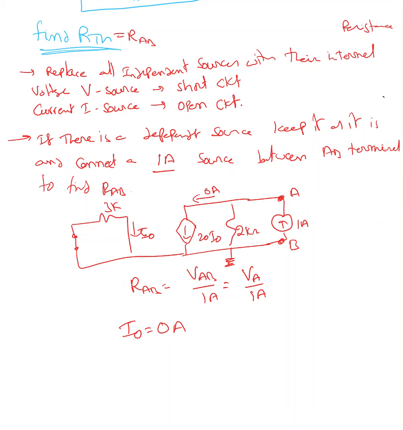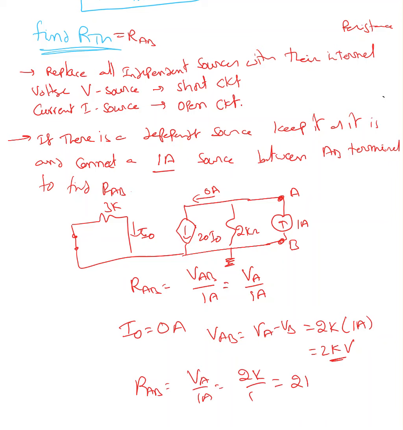So can I say my VAB equals VA minus VB, which is 2 kilo times 1 ampere, so it's 2k volt. Once I have 2k volts, RAB must be VA over 1 ampere, which is 2k over 1, which is 2 kilo ohms. That's my RAB, the resistance between the AB terminals.